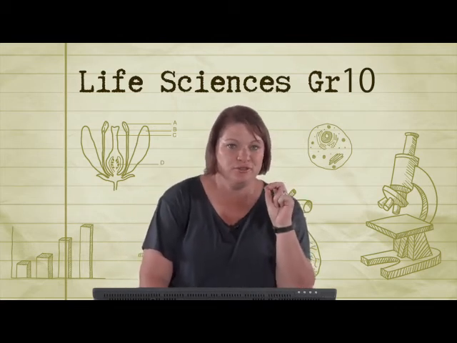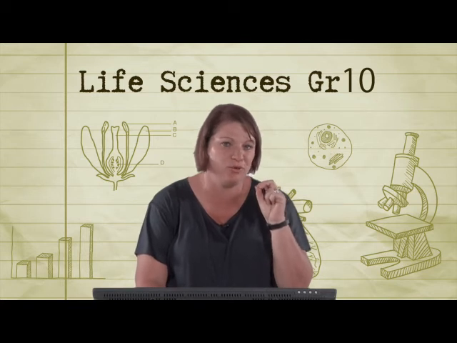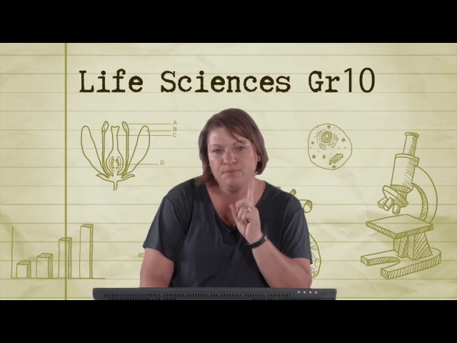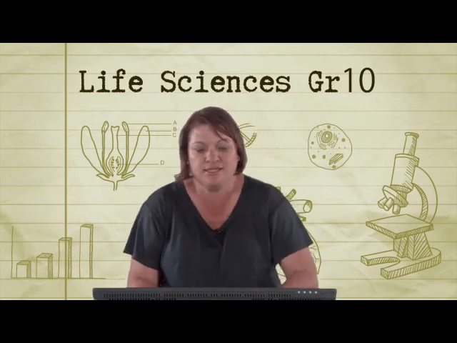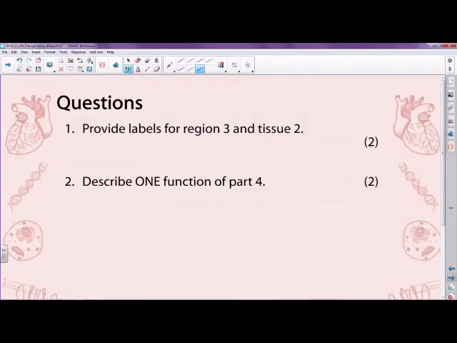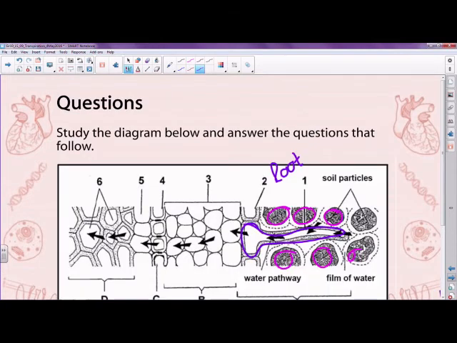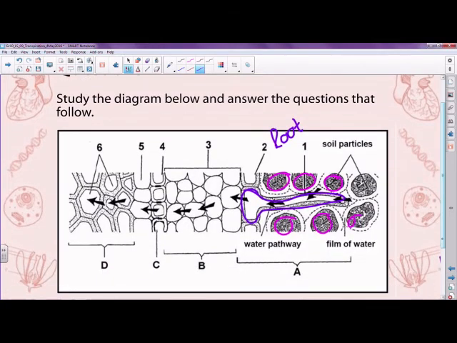Okay, let's see if you managed to get a subtlety on some of the words that we were looking for. Question number 1. I hope that you got the first thing. It said, provide labels for region 3. So if we go back to our diagram, come now, guys, look here.